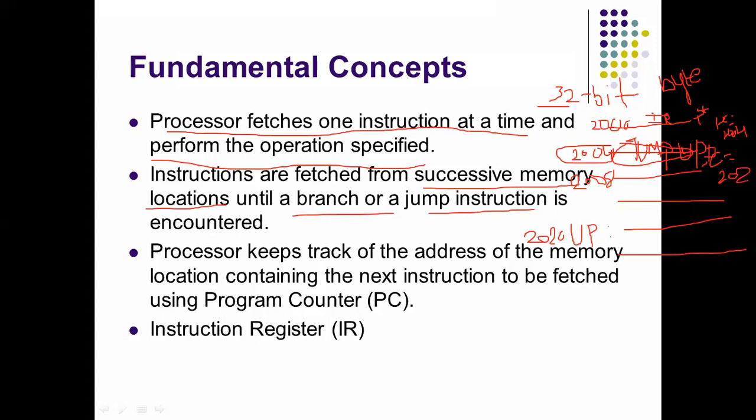Actually, after the instruction in location 2004, the next instruction is 2008. But here, at the second instruction, we have jump up. That's why the controller searches for where the up loop is. That will be at location 2020, so the PC value is updated as 2020.